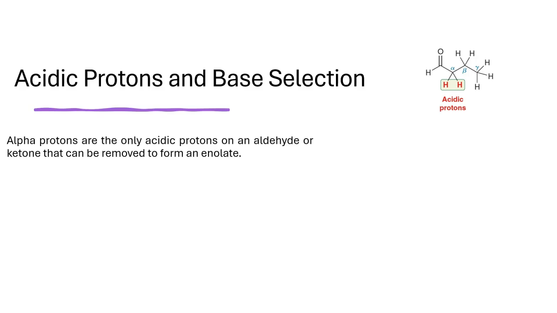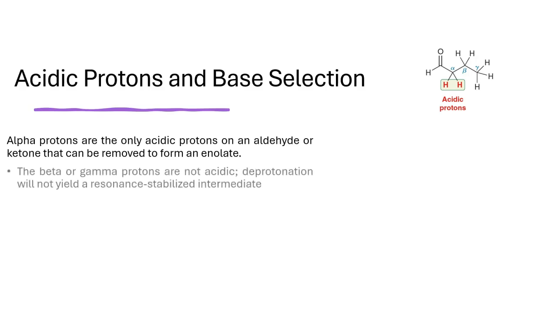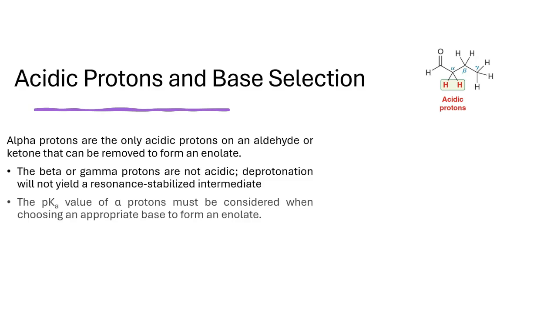Acidic protons and base selection. The alpha carbon's protons are the only acidic protons on an aldehyde or ketone that can be removed to form an enolate. The beta or gamma protons are not acidic enough. Deprotonation will not yield a resonance-stabilized intermediate.